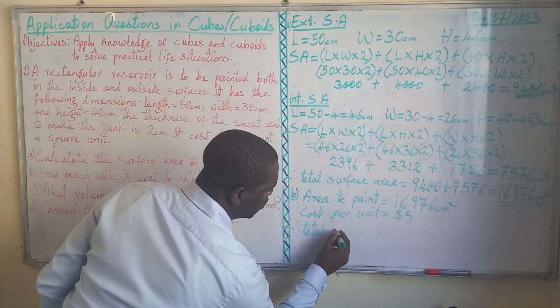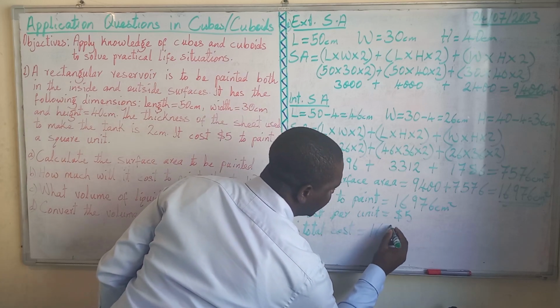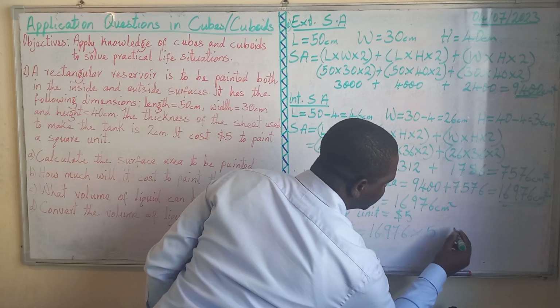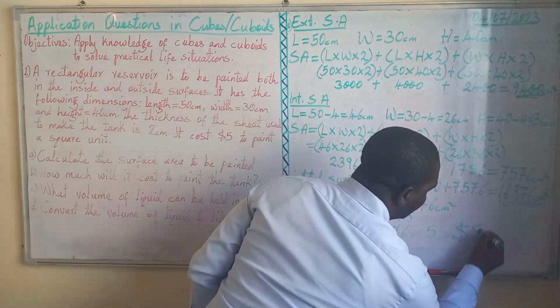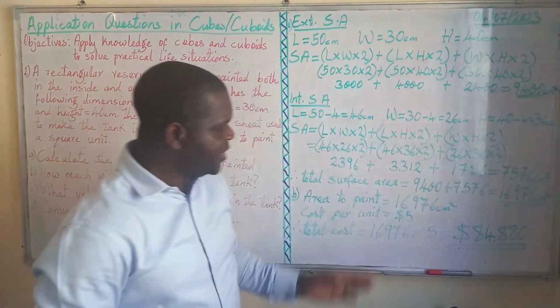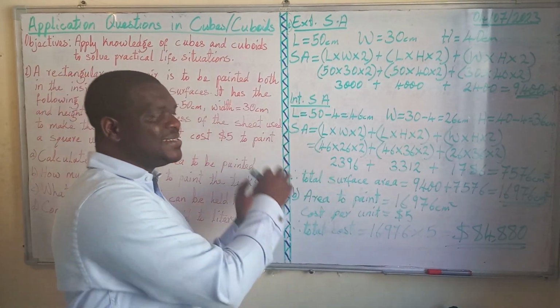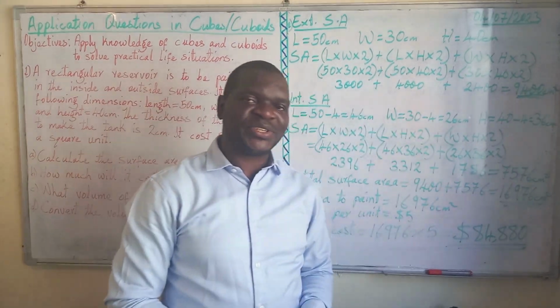Therefore, total cost will be equal to 16,976 times $5. And if you multiply this across, it's going to give a total of $84,880. So this is what you are going to spend if you are to paint the inside and the outside of this tank as far as this question is concerned.